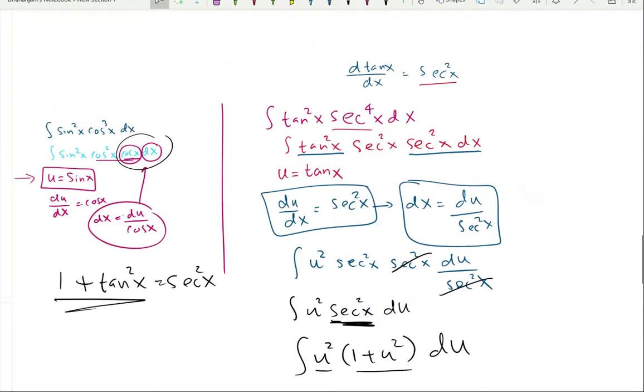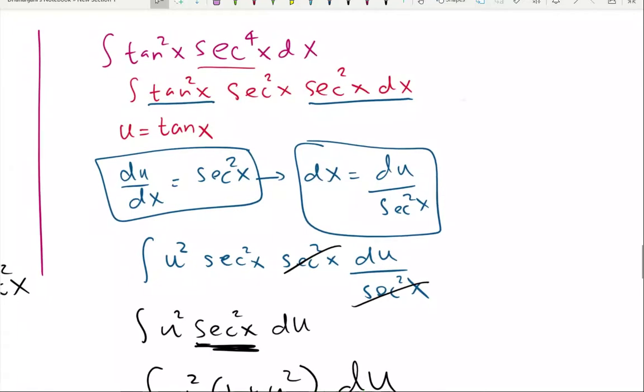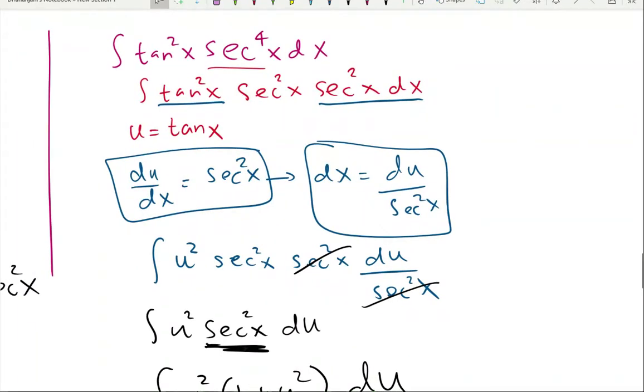Let's back it up and let's summarize this. Okay, what's going on here? All right, so here's my summary. When you have an even power for secant, what you do is split out secant square. Always split out secant square.